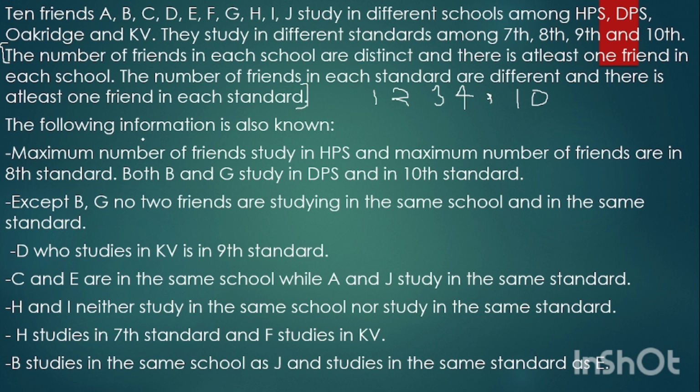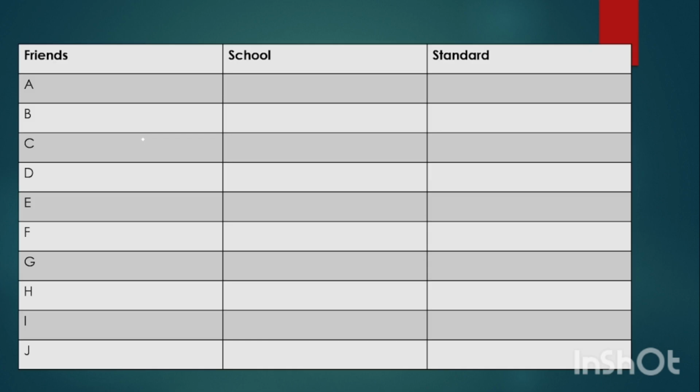Now we are given some additional information for the set. Maximum number of friends study in HPS and maximum number of friends are in 8th standard. Okay. So our table will look something like this.